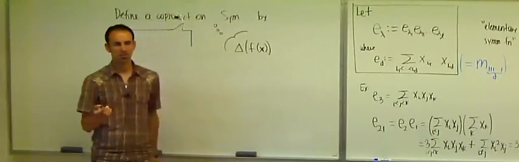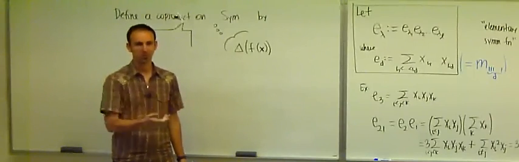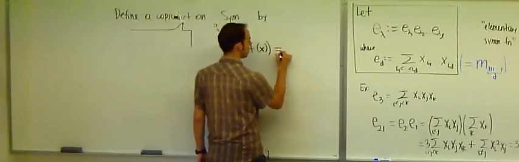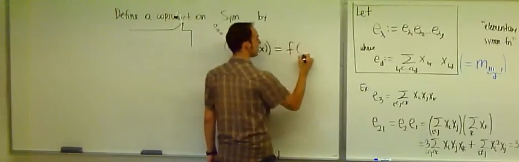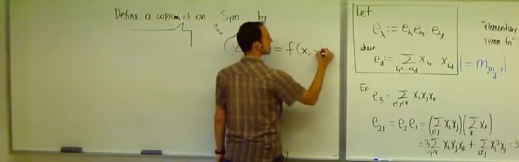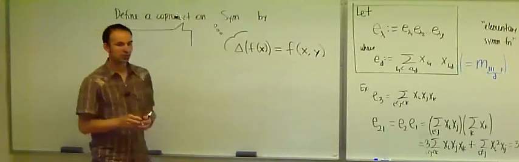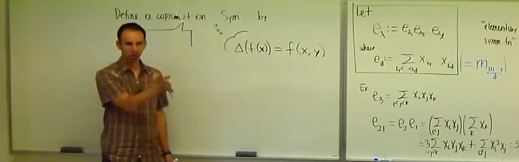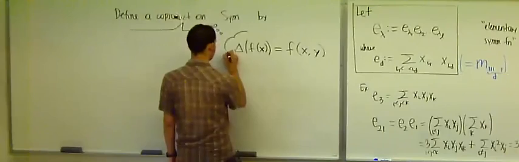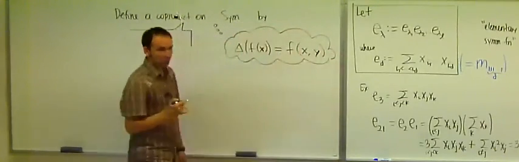You can think of the variables as an alphabet. Okay, the alphabet is x1, x2, x3, those are your letters. The coproduct, I'm just going to think of as taking the function and plugging in two alphabets. Okay? So you take variables x1, x2, etc., y1, y2, etc., and you plug that into your function. Okay, and this is going to be the informal way of thinking about the coproduct.